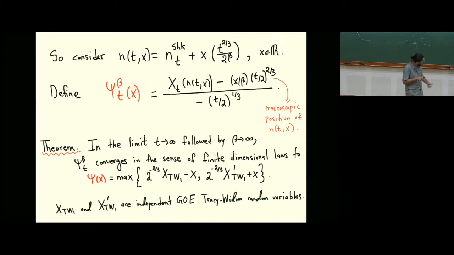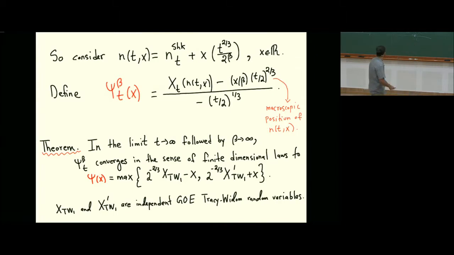In that sense, the process psi beta t converges as a process to this limiting function phi of x, which is the maximum of 2 lines in x. The first line is minus x, and it gets perturbed randomly by a GOE Tracy-Widom law, which is rescaled by 2 to the minus 2/3. And the other line is the line plus x, and it gets perturbed by an independent version of this GOE Tracy-Widom law.